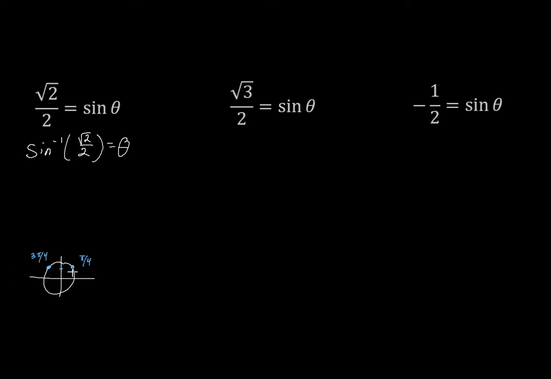But here's the issue: it's not just pi over 4. I could also add 2 pi to it and get 9 pi over 4. And over here, I could get 11 pi over 4. Then I could add another circle over here, and I could get 17 pi over 4.